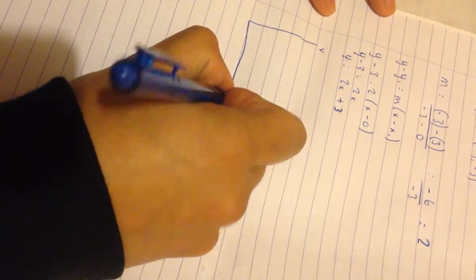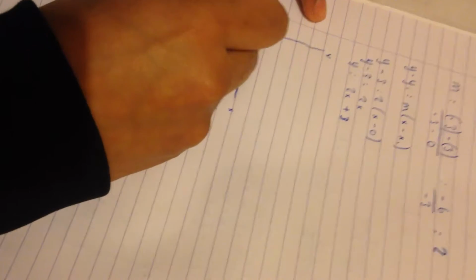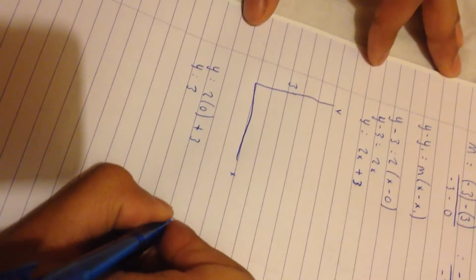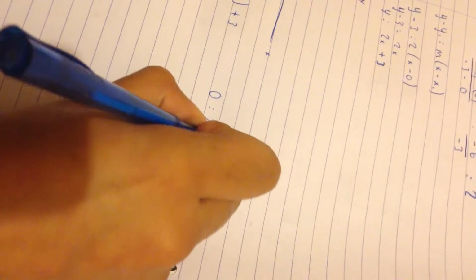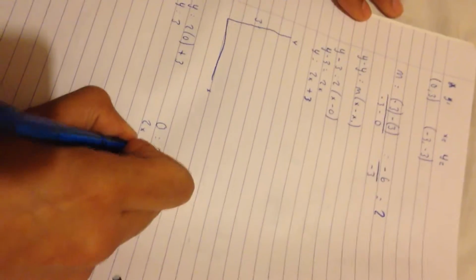Again, when x equals 0, you get the y-intercept, so 2 times 0 becomes 0 plus the 3, so y equals 3. The 3 there. It's the same for the x. When y is 0, 2x plus 3. Take the 3 to the other side, so it'd be 2x equals minus 3.